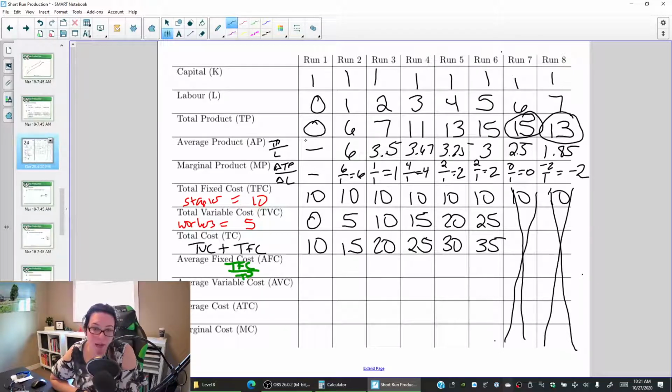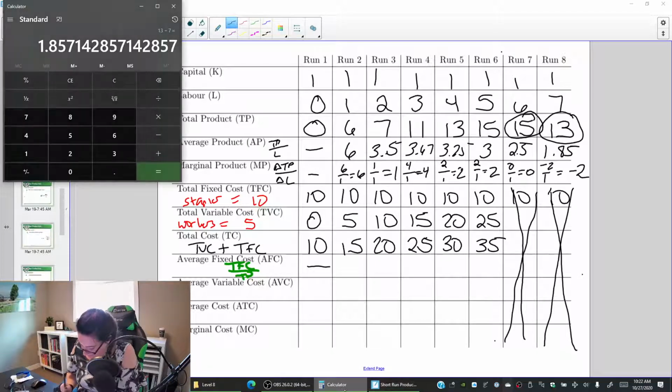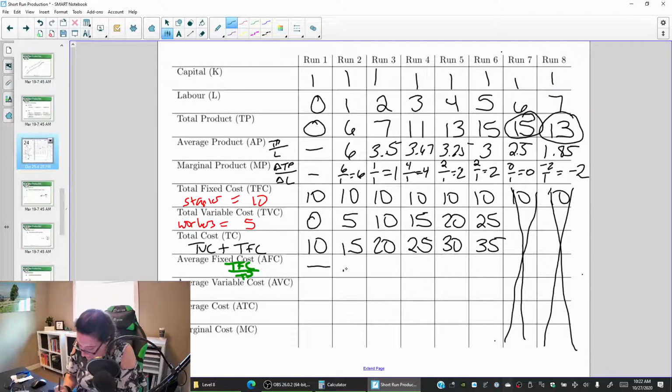If we divide by 0, anytime you divide by 0, it's undefined, so we'll skip that one. But here we have a $10 stapler and we're producing 6 units. So if we take that $10 stapler and divide it across the 6 units, then $1.67 of that stapler has to go into every widget that we're going to sell.